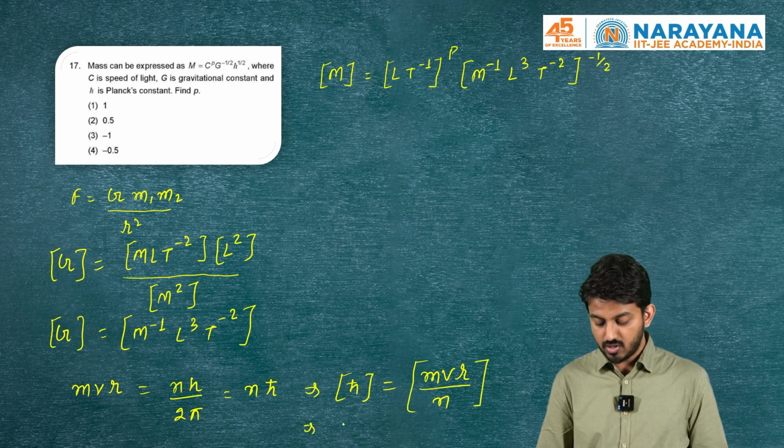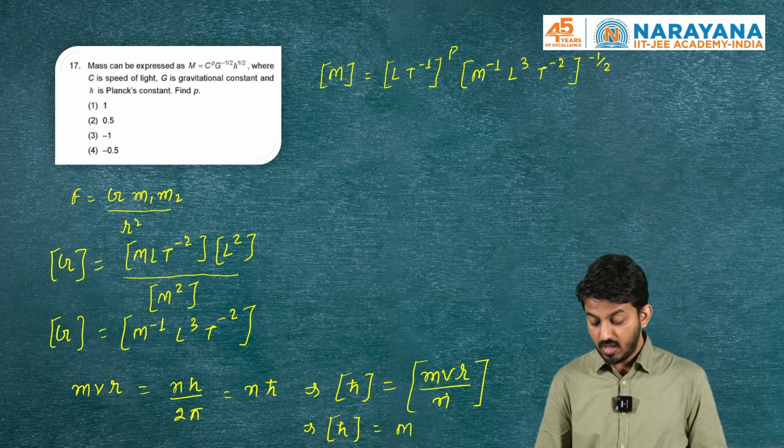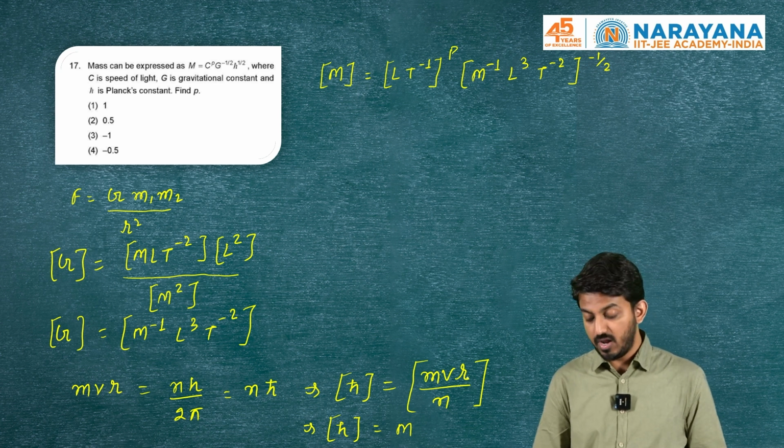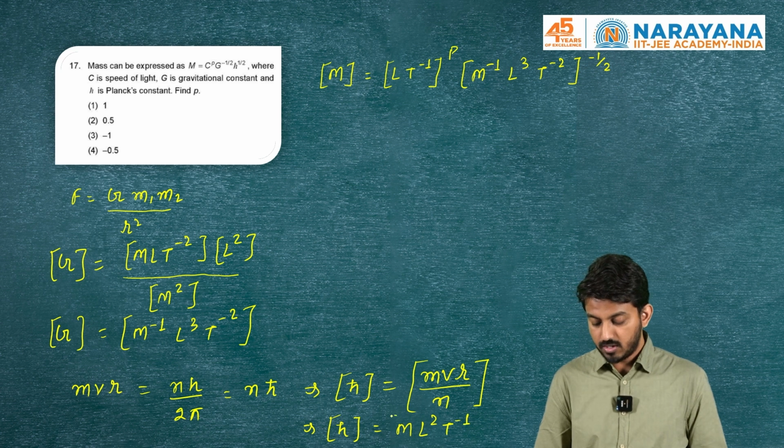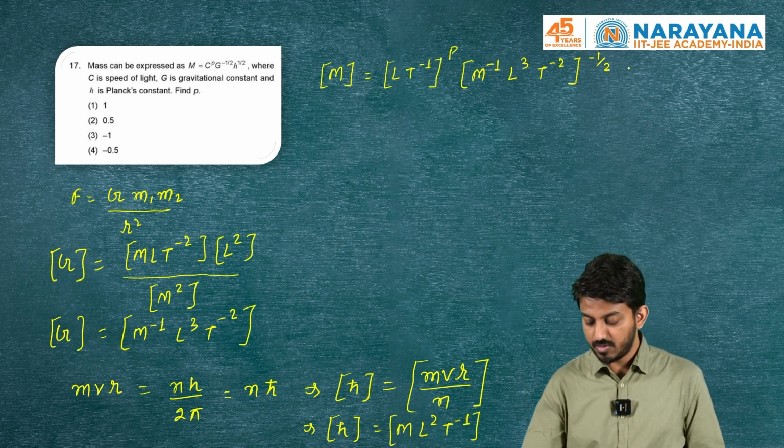So the dimensions of h will come out to be m for mass, velocity will have L t minus 1, and we have one more L because of the r. So L squared t minus 1. Let's put it here. I get m L squared t minus 1.